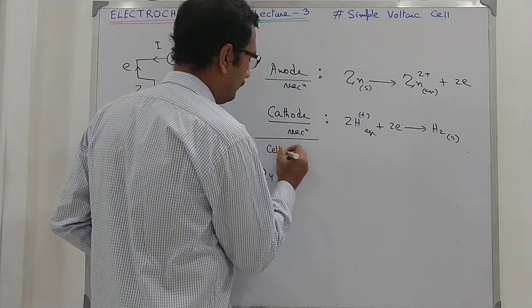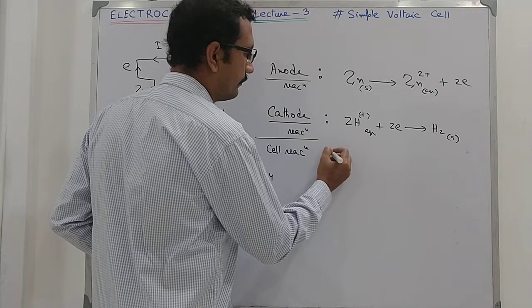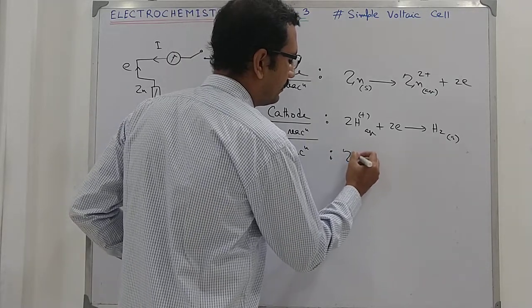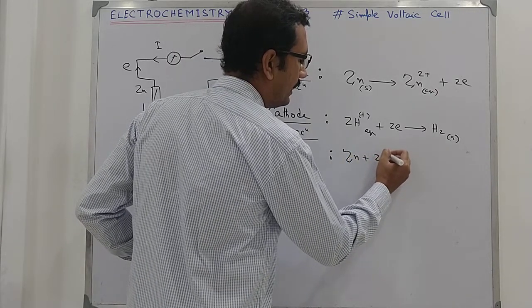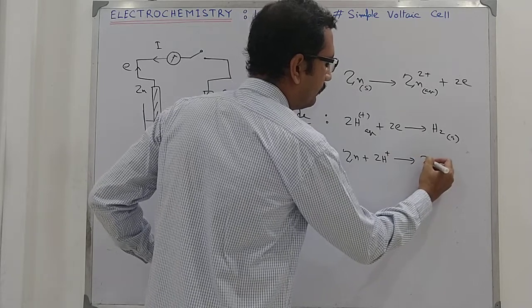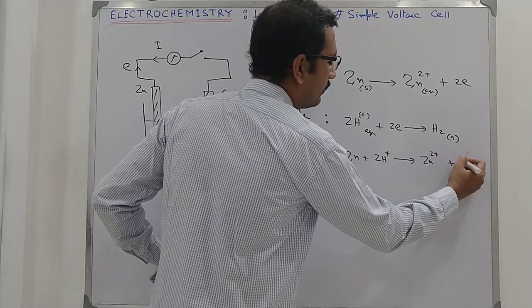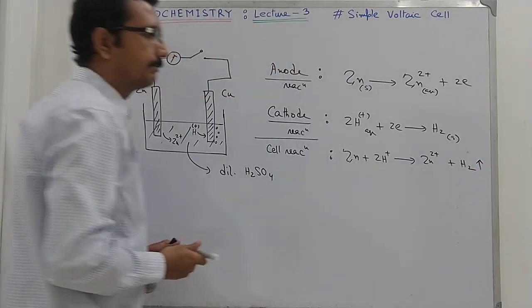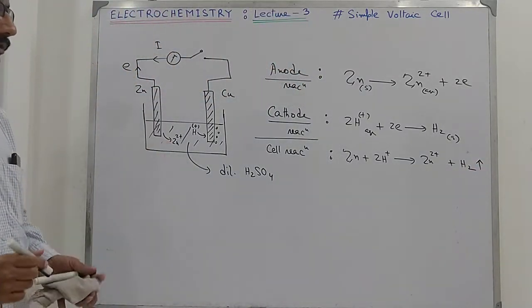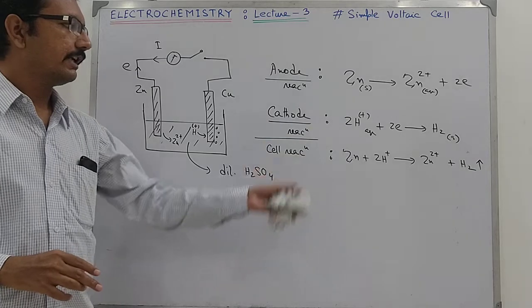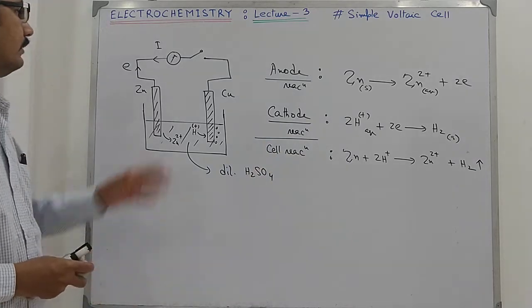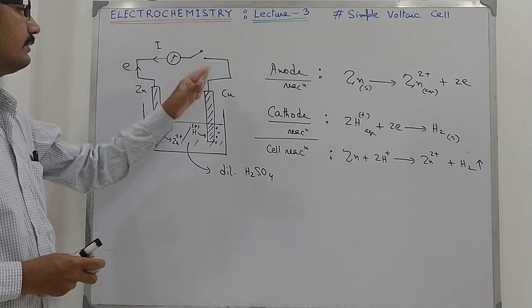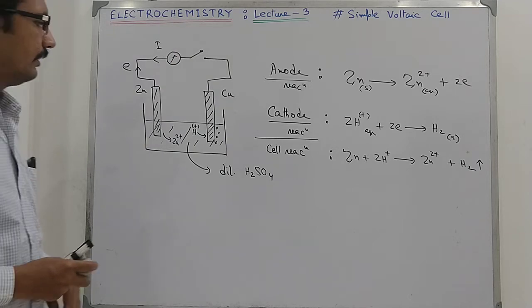So the cell reaction will be Zn + 2H+ → Zn2+ + H2. H2 will leave the system, will be liberated at the cathode. So this is the cell reaction obtained when we have current in the external circuit.